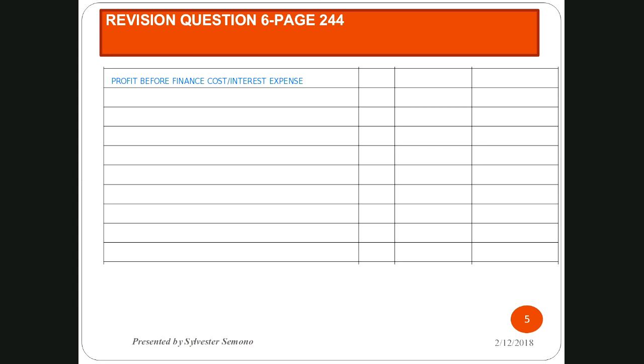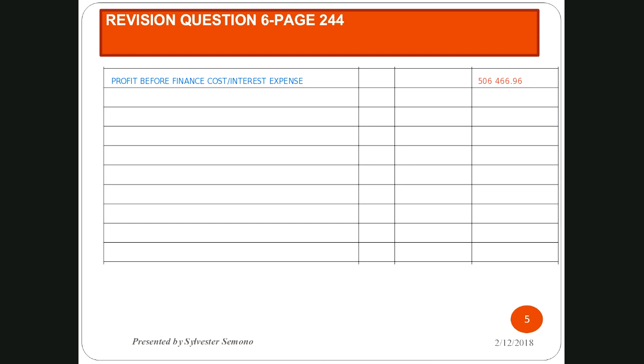And now, because we said profit before finance cost, we are going to say now less finance costs, or you can call it interest expense. Yes, you can call it finance.